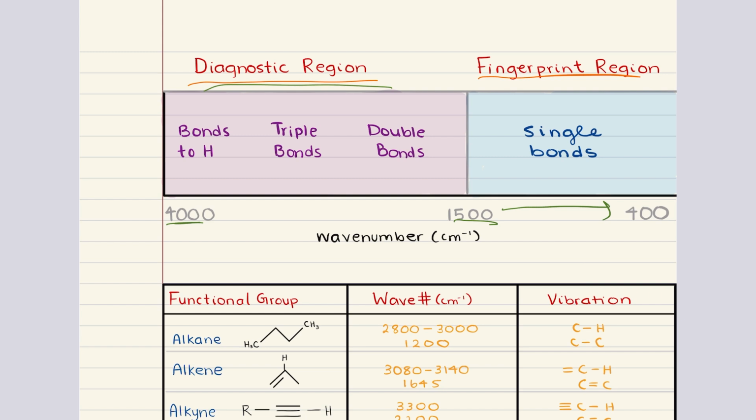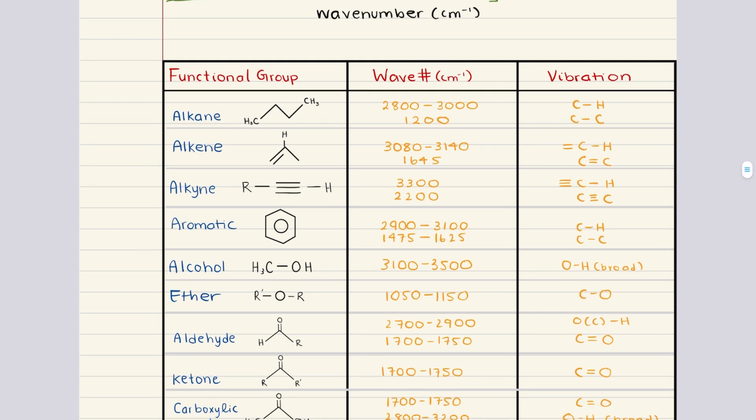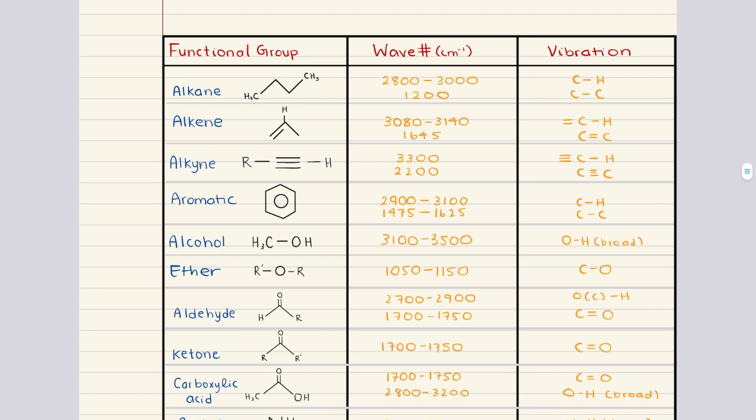So with that being said, let's now take a look at some of the most important characteristic absorption ranges that appear in the IR spectrum. These ranges allow us to quickly identify functional groups.